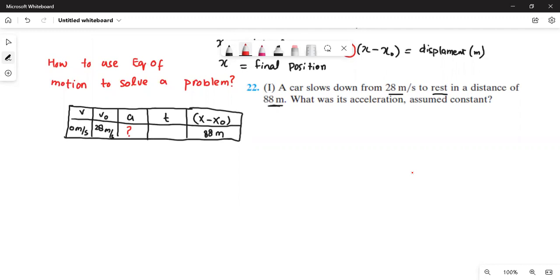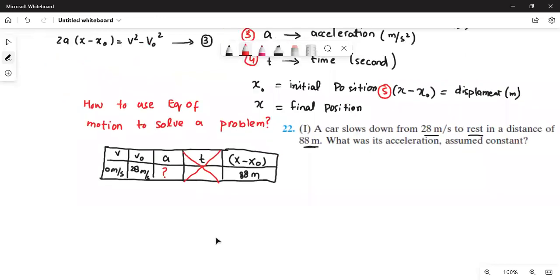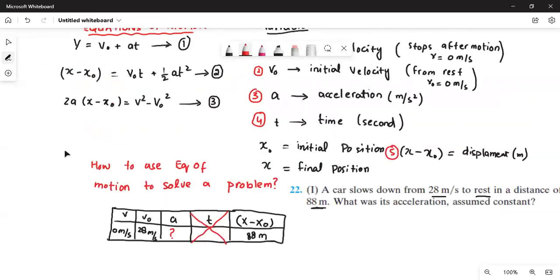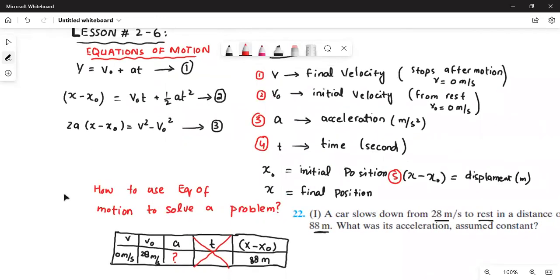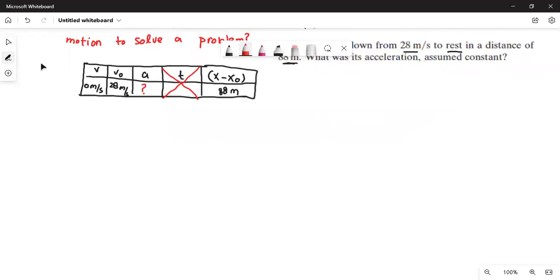What is not mentioned in this one? Time is not mentioned, so I will cross out time. Now I will choose the equation out of these three which doesn't have time. First has time, second has time, but third doesn't. So I will write this equation and simplify the question. It will give me the answer.